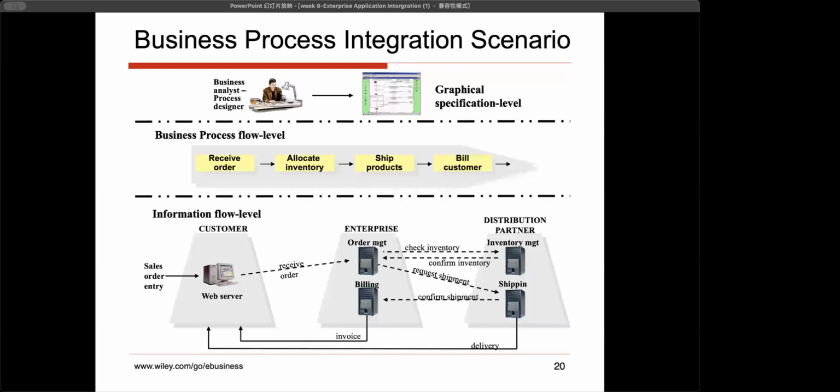In the information flow, we can see that the sales enters the order to the web server and receives the order, and order management, billing, and it interacts with the distribution partner, and later the invoice will be sent back and the product will be shipped by delivery. And all of the information will come back to the web server.